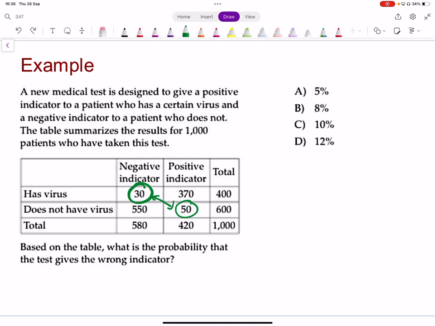So it's either 30 or 50. Out of what? 1000. So 30 plus 50 over 1000, that will be 80 over 1000, which is 8%, and that's the result. Is that okay? No problems?